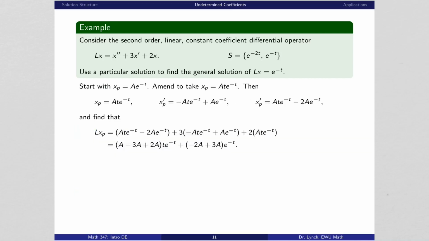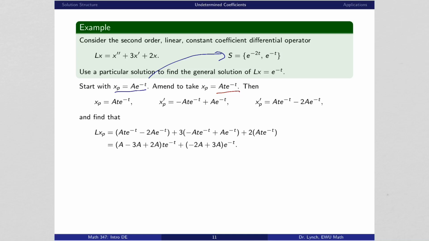We start with a solution of the form, again, a e to the minus t, compare to our fundamental set of solutions, and notice that that's going to solve the homogeneous equation, and then amend our guess by multiplying by a factor of t. We know that that won't solve the homogeneous equation. It should give us something interesting.